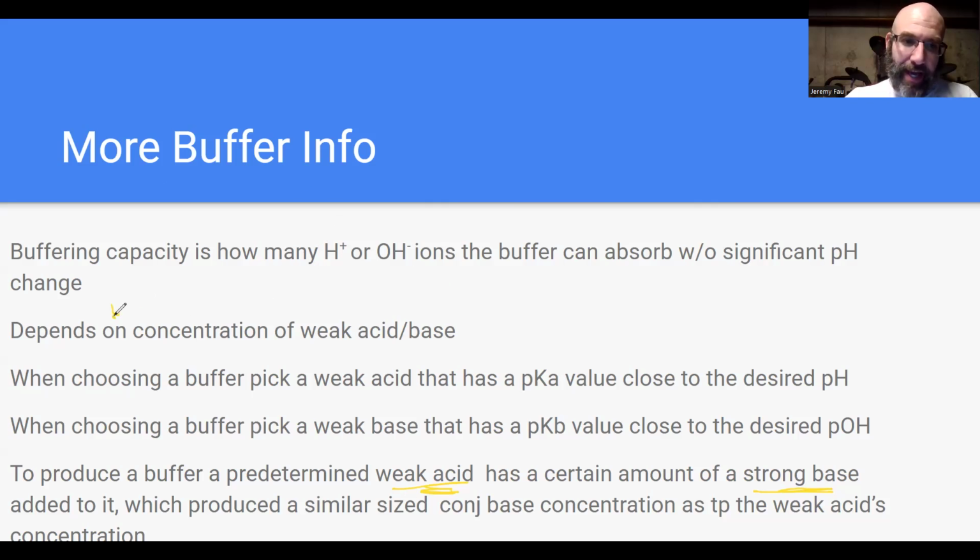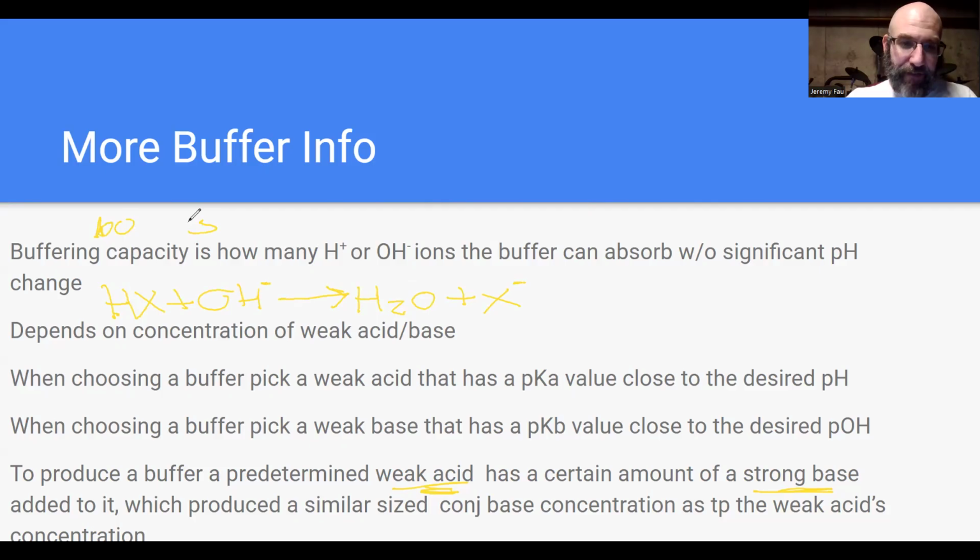I have my weak acid. I add a strong base, OH minus. Remember, this is neutralization, so it goes to completion. Your products are H2O and X minus. The goal is you start with, let's just say, 100 of this.